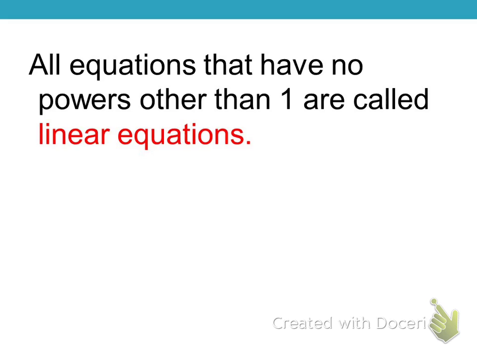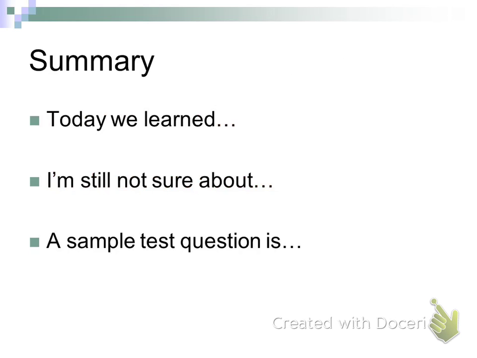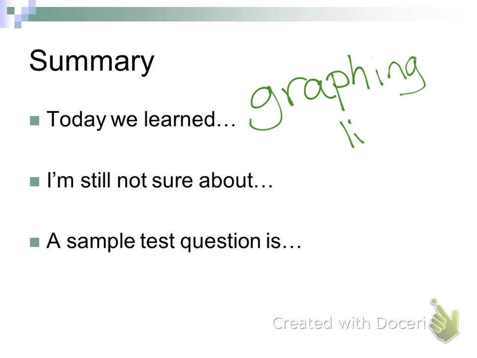When you have x's and y's, no exponents, you should be getting lines. Questions? All right, what did we learn about today? Graphing. If you want to be fancy, you could say graphing linear equations. All right, here comes your homework.